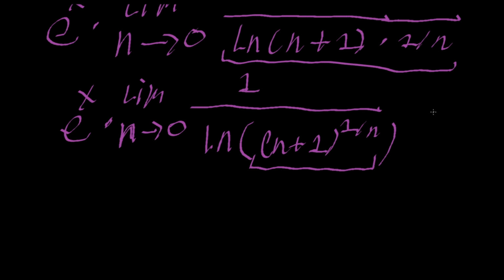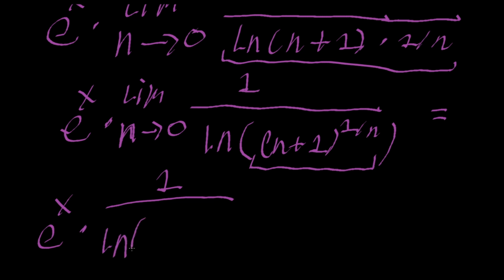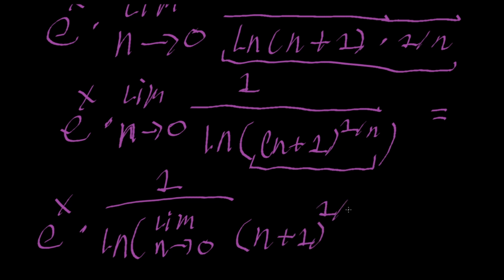So this thing is just equal to e to the power of x multiplied by 1 over ln of the limit as n is approaching 0 of n plus 1 raised to the power of 1 over n.